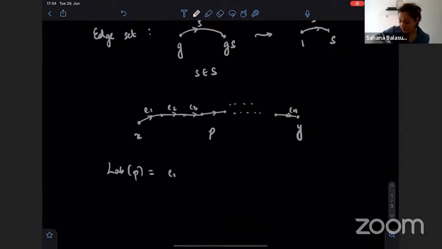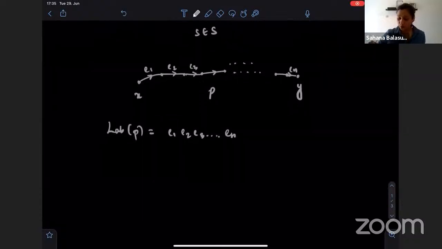So the label of this path will be e1, e2, up until en. This is true for any general path. Naturally, if you want p to be a geodesic path between x and y, then this n is going to be the minimum number that's possible. So this is a graph with a combinatorial metric on it, where you just count the number of edges between two points to understand their distance.